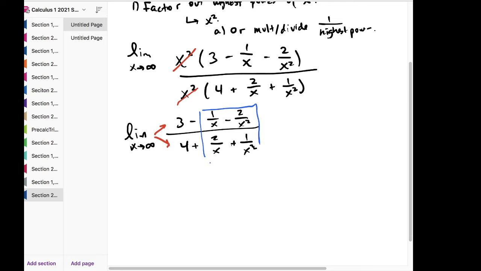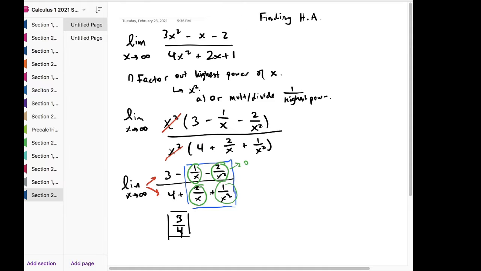Yeah, so you're left with 3/4 because all of these terms go to 0. So that's why you're left with 3/4 in the end. Okay, does that help? So the key step is to factor out the highest power of x, because the idea is that you want to put it into a form where you can just take the limits, because 1 over x squared, and 1 over higher powers will always limit to 0.